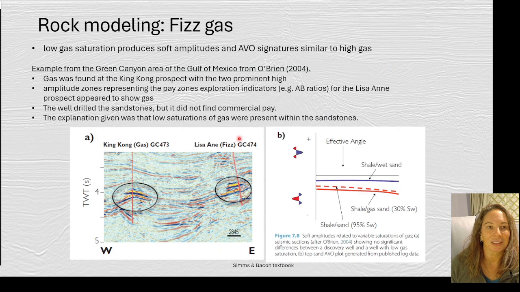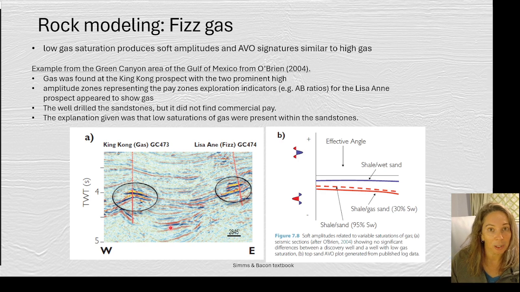This is a really classic case of fizz gas or undersaturated gas. The story behind here is that a company drilled the King Kong prospect in the Gulf of Mexico. You could see we have very lovely bright amplitudes. It was successful. And they noticed, not too far away, I think this was a couple of miles, you go down structure and back up structure again, and against this fault, or there was a fault there, you have another series of stacked high amplitudes.